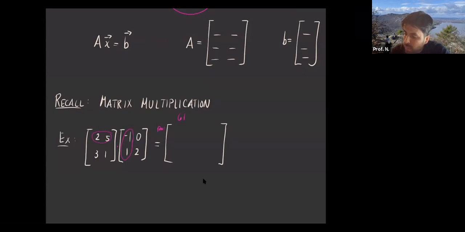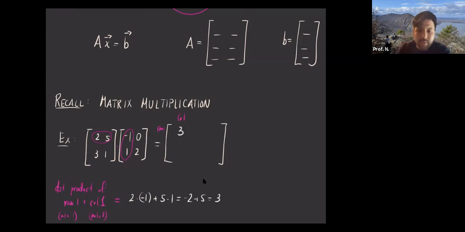It's a weird operation, but it's 2 times -1 plus 5 times 1. This is -2 plus 5, which is 3. This is my entry 3.